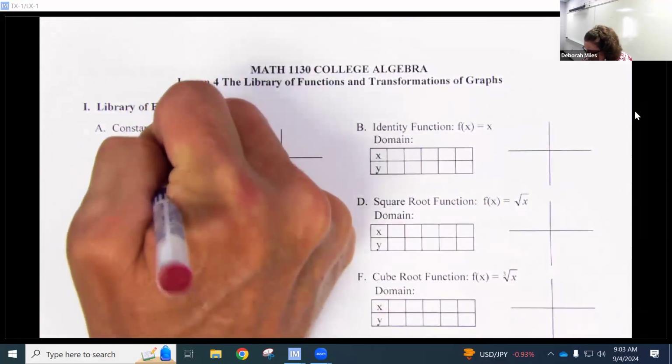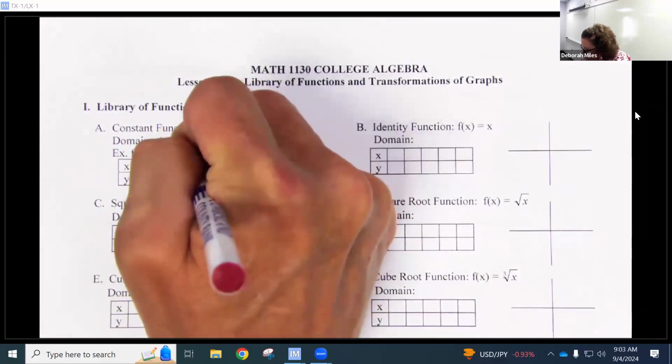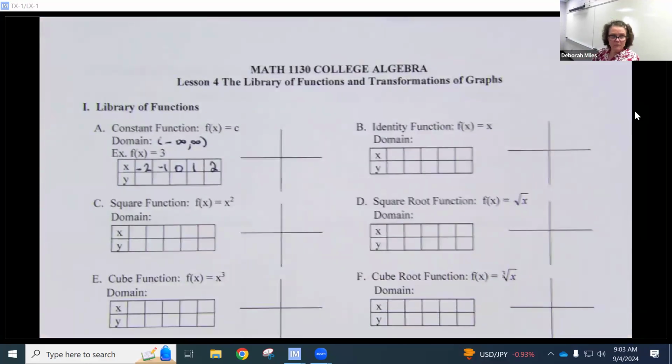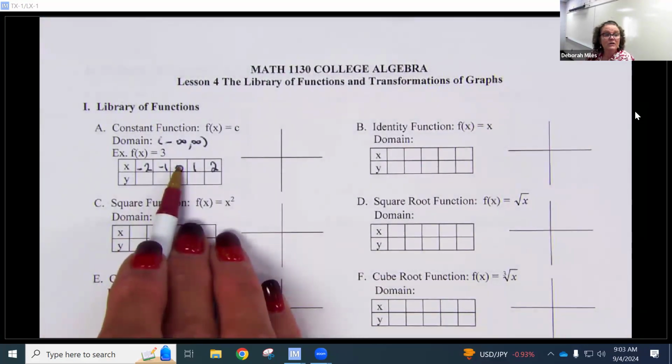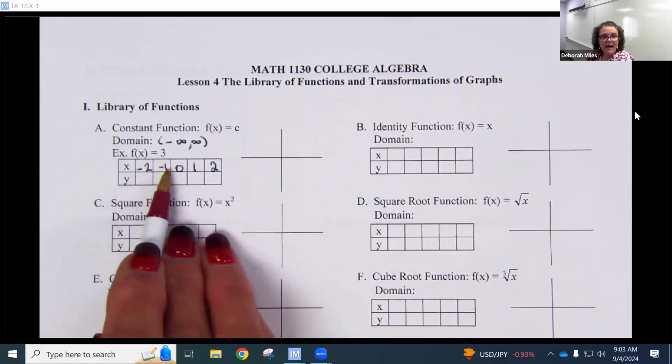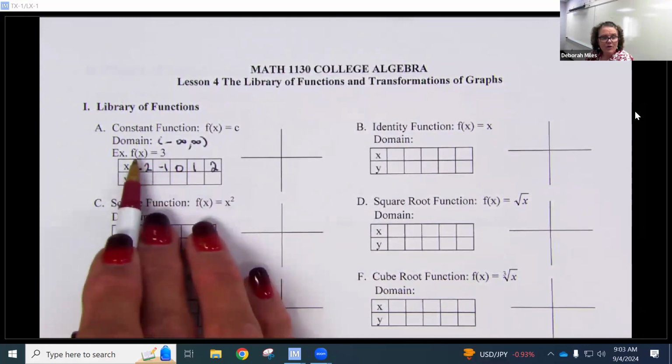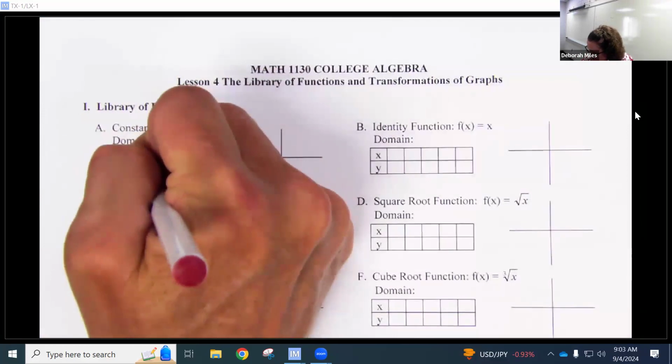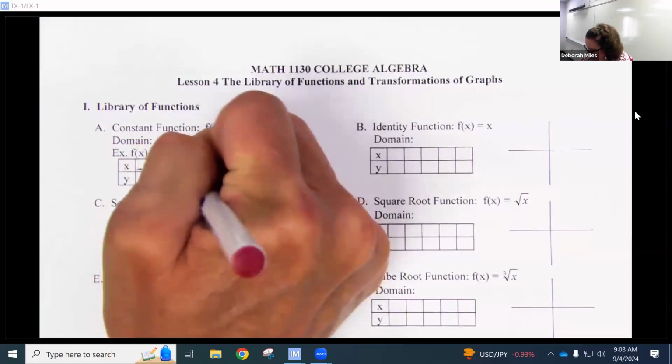My choices really aren't random. I'm going to choose some negative x's, some positive x's, 0. And this function tells me that for any value of x, this function value or y value is 3. So y is 3 no matter what x is.